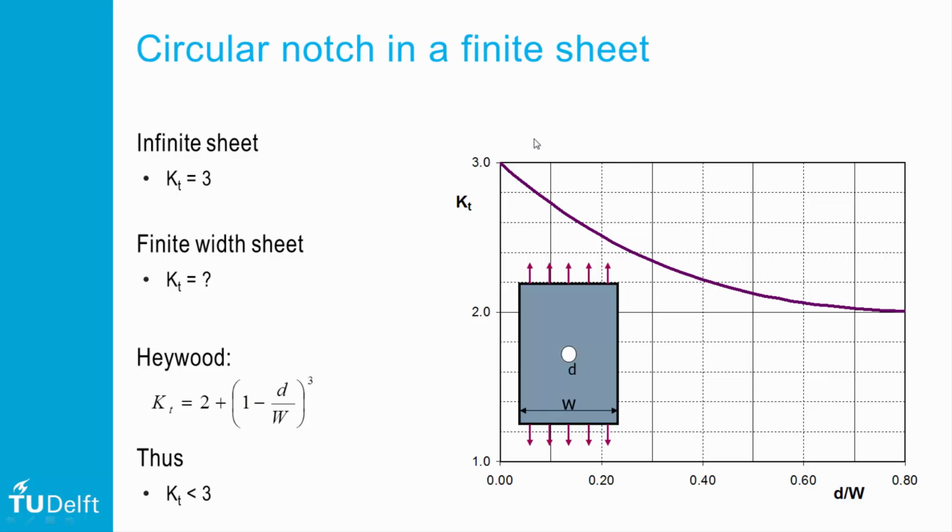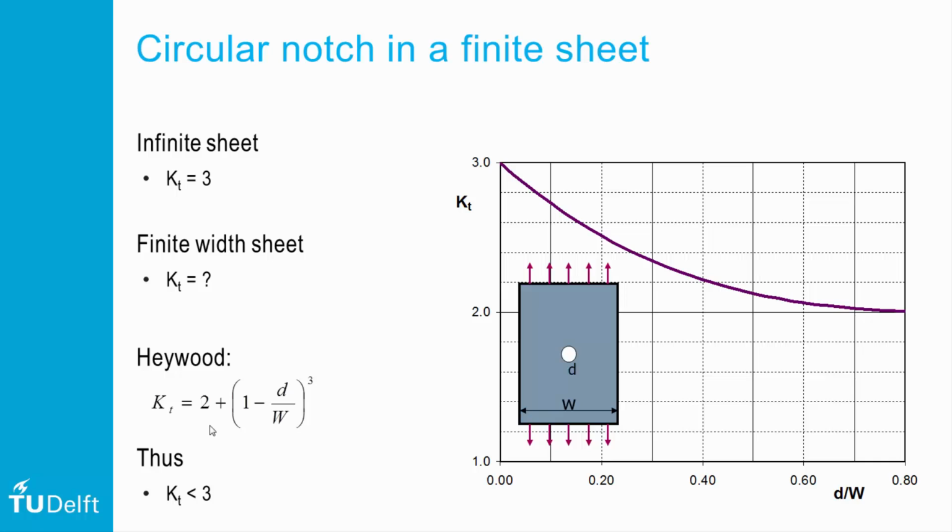The stress concentration factor equal to 3 for an infinite plate is reducing once the width of the plate is becoming smaller. And this relationship illustrated here is given by the equation of Heywood, which says that the stress concentration factor of a circular hole in a plate with finite width is given by this equation. In other words, the stress concentration factor reduces if the width becomes smaller.